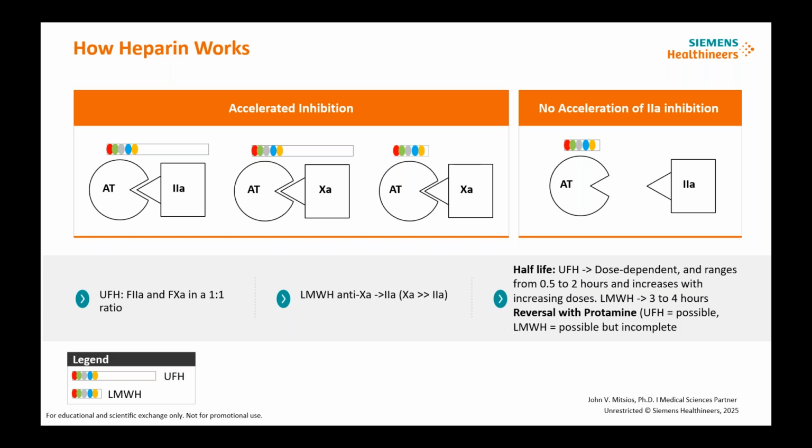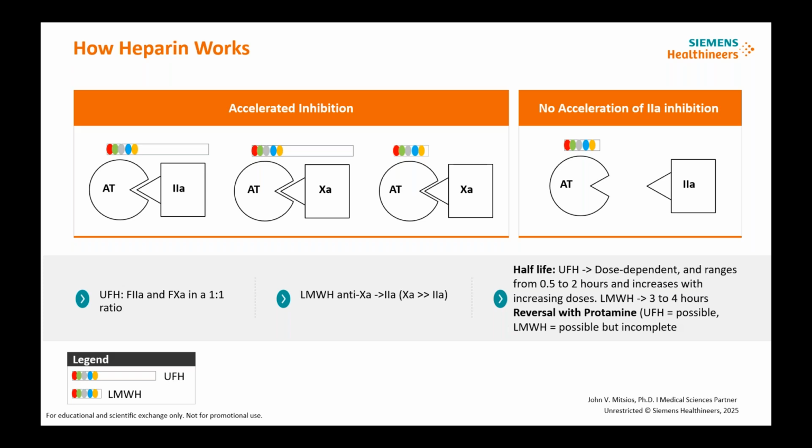So when we look at the anticoagulant nature, unfractionated heparin has a one-to-one stoichiometry between factor 2A and factor 10A, whereas LMWH has more of an anticoagulant effect with respect to anti-10A than there is with 2A. The half-lives are about 30 minutes to 2 hours for UFH and about 3 to 4 hours for LMWH.